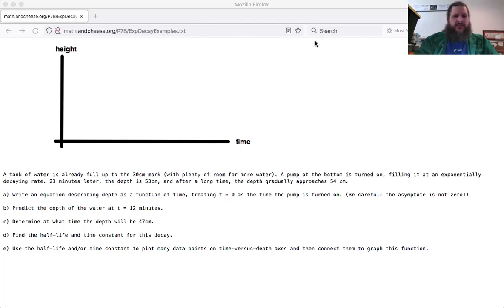Yeah, we're starting at 30. We should expect exponential decay towards what asymptote? What should we expect the height value to approach after a long time? Yeah, it's going to increase towards 54. So we can assume this is exponential decay starting at 30 and approaching 54 as an asymptote.